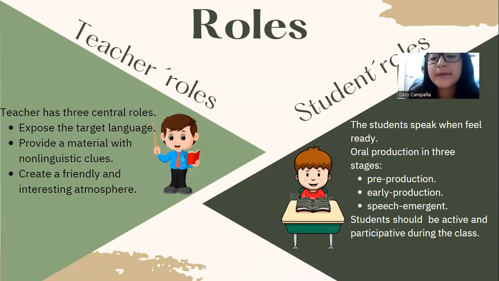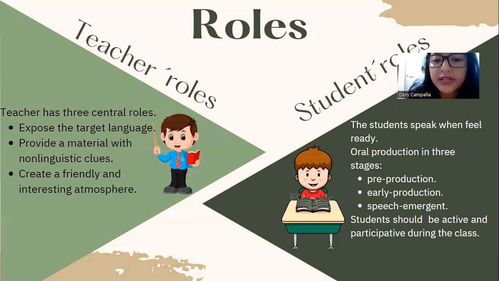In this case, this is the process, okay? At the beginning, the student will decide when to speak. And after, decide what to speak, and finally, the student produces oral language with linguistic expression, okay? And oral production has three stages.